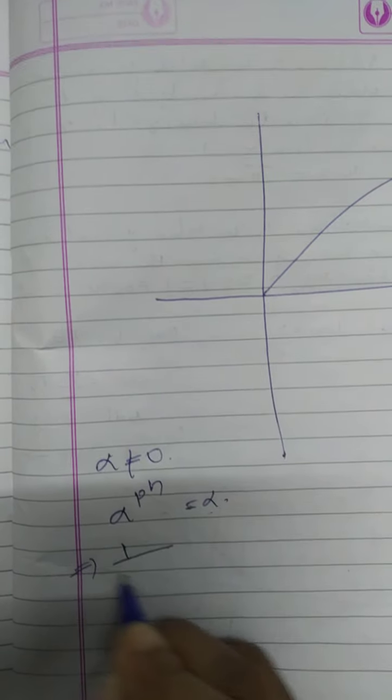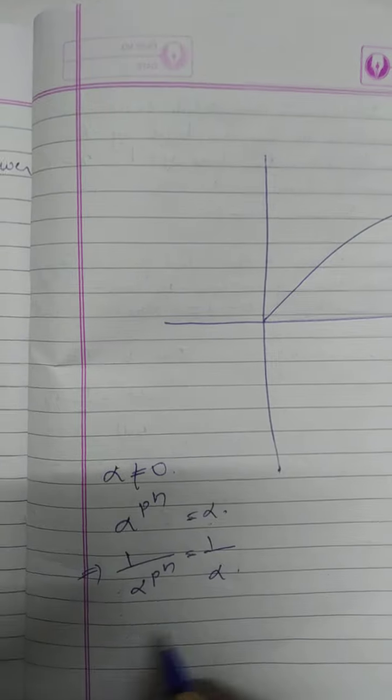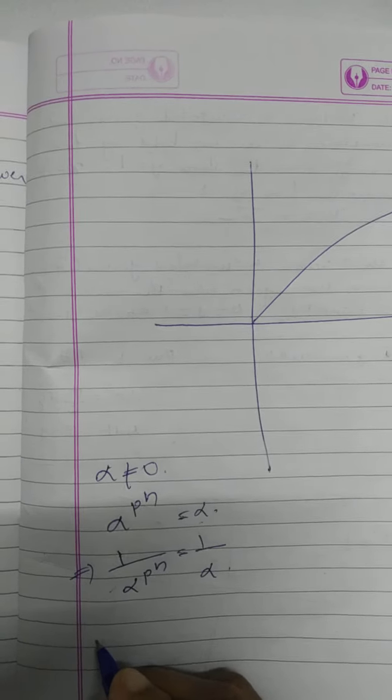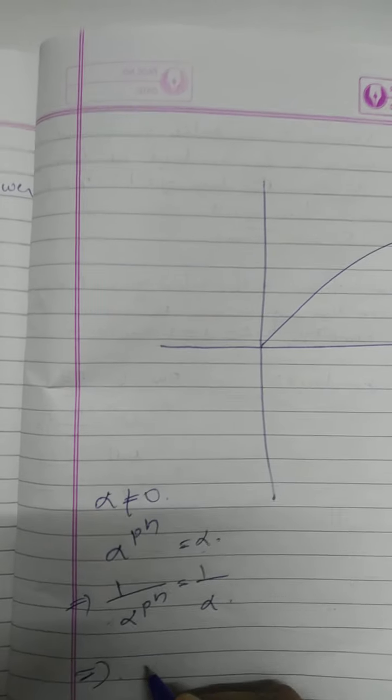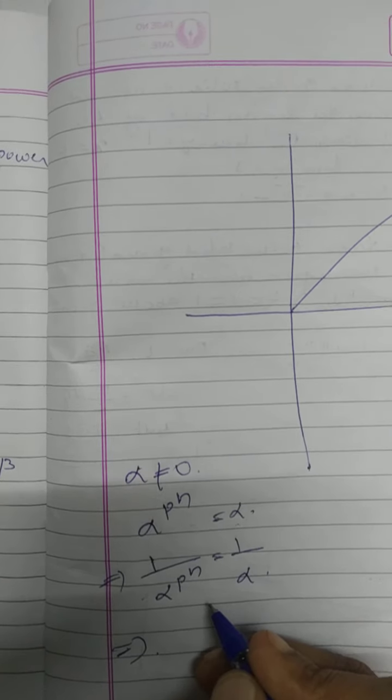What about this? 1 by alpha raised to p raised to n equal to 1 by alpha. Okay, which implies 1 by alpha raised to p raised to n is equal to 1 by alpha.